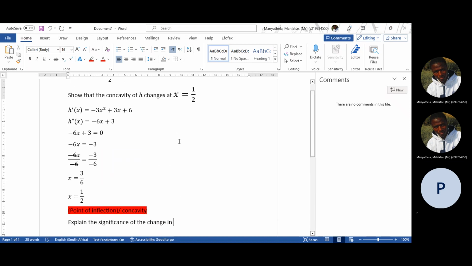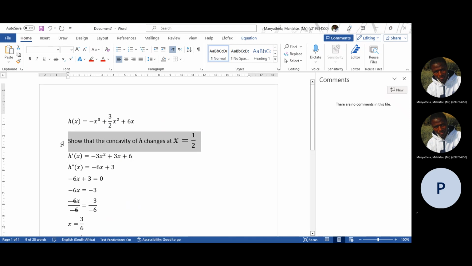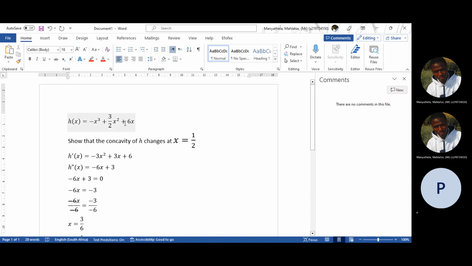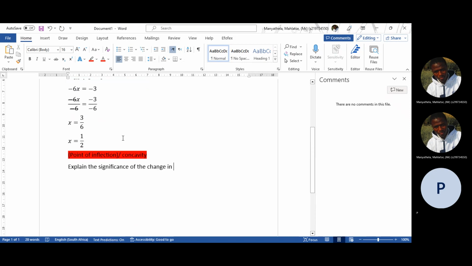So simple. The answer you are given already. You were showing that the concavity of h changes at x equal to 1 over 2. So you can simply say this given graph changes from positive to negative at x equal to 1 over 2.